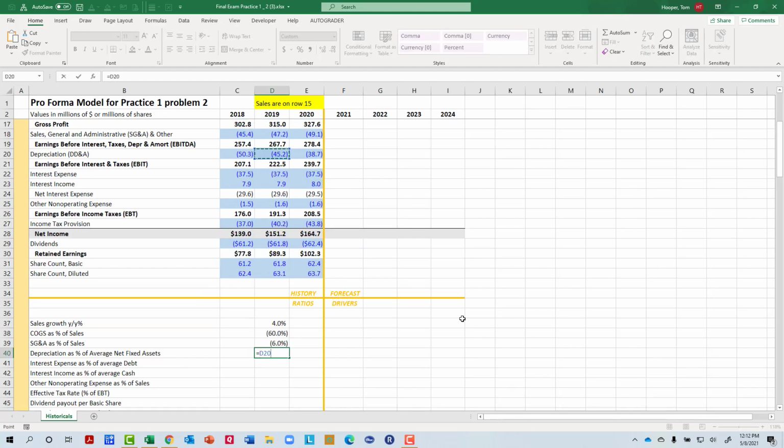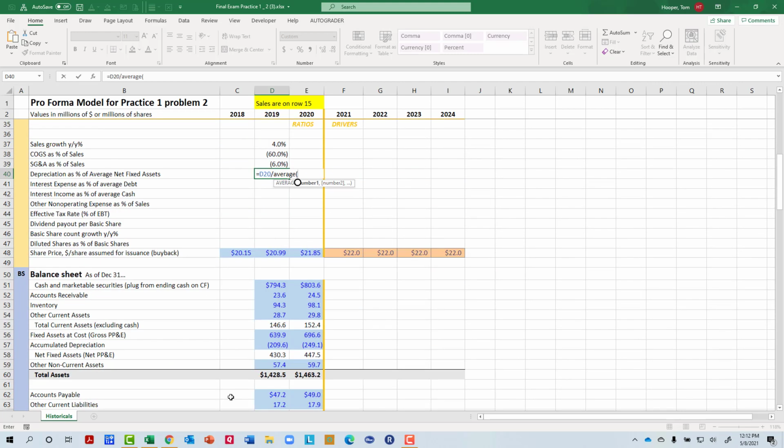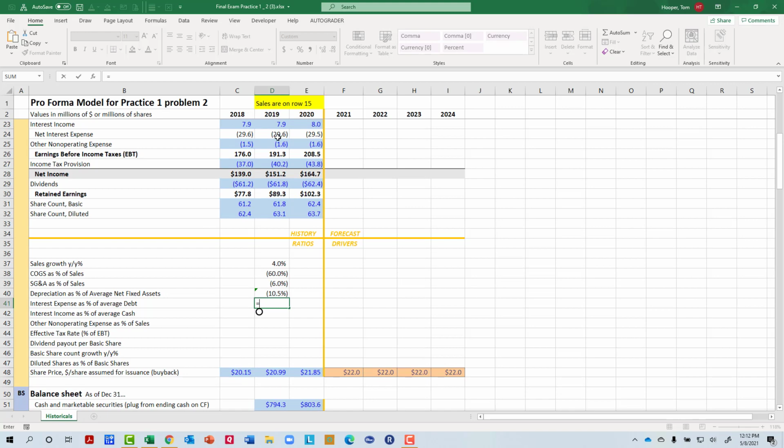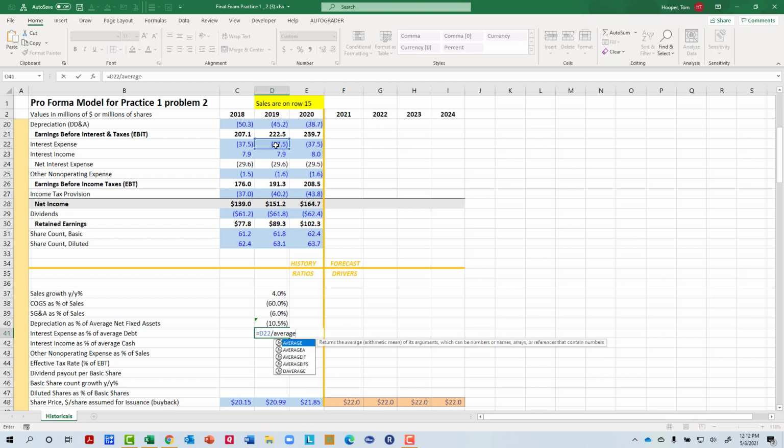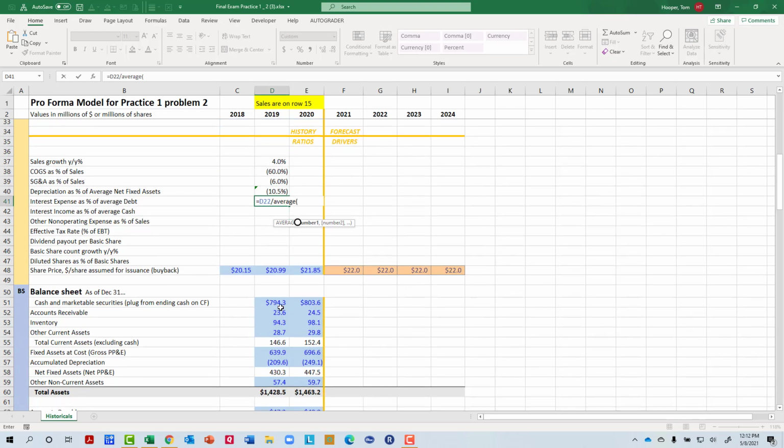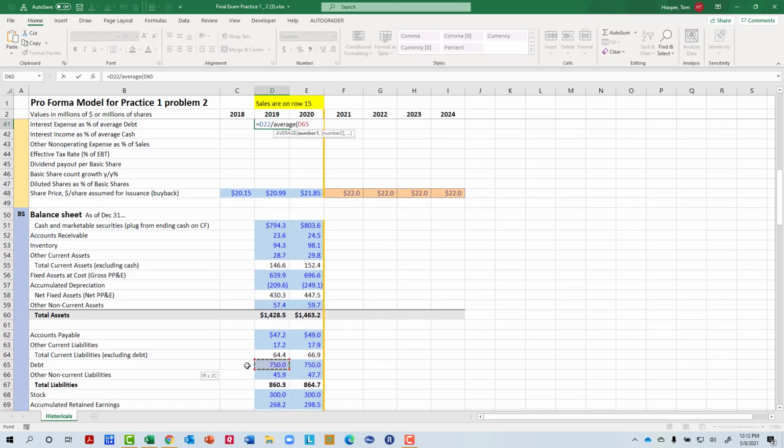So depreciation divided by the average net fixed assets gives me that ratio. Interest expense, not net interest expense, but interest expense divided by the average debt. And it's okay that one of these is blank.